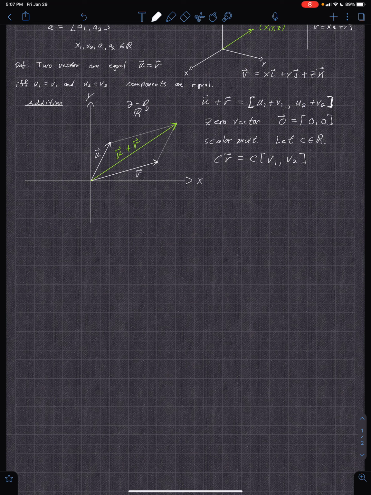Basically that gets distributed across, so you multiply c times each one of those components: c times v1, and then c times v2, etc.